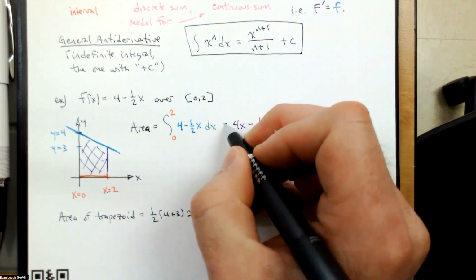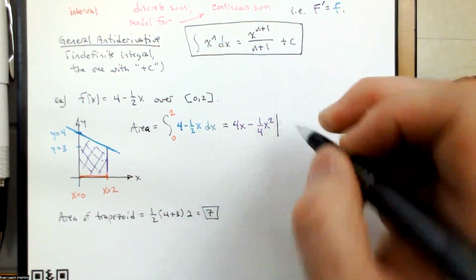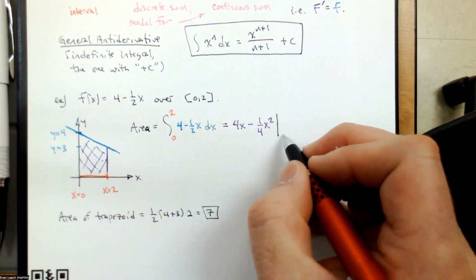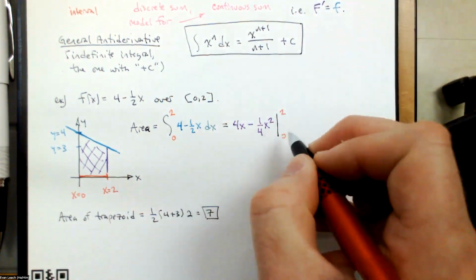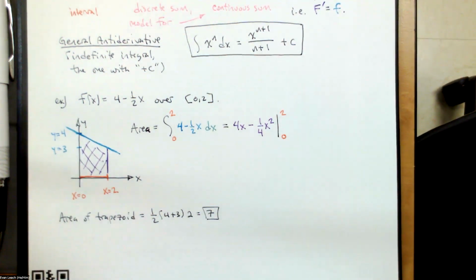There's the antiderivative, and we're going to evaluate that from 0 to 2. This is just notation for us having already written the definite integral. Now we're going to plug in 2, plug in 0, and subtract the results.